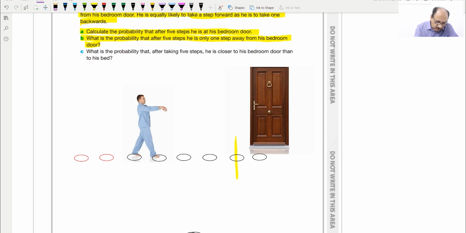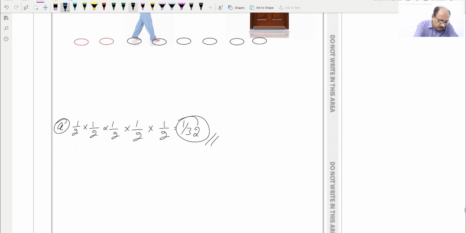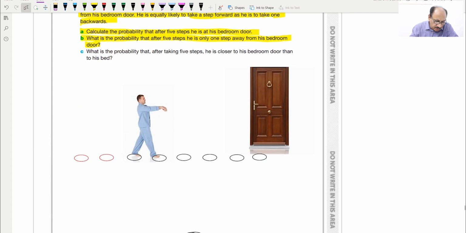And if he is not taking a back step, he will be reaching the door. So there is no chance that he will be at this location. So for B part the probability for 1 step away will be 0, and I have explained how we have written this probability.